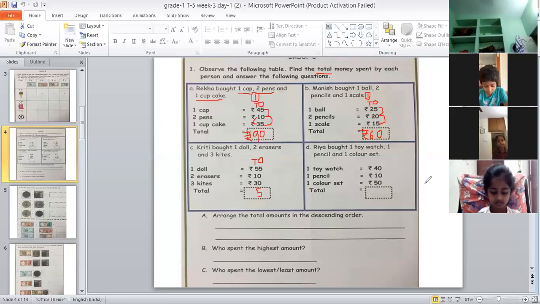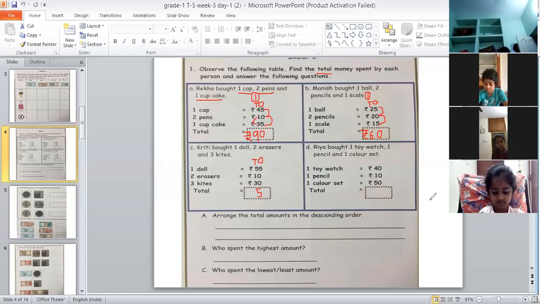Dhruti, what are the numbers in tens place? In the third question, what are the numbers in tens place? I have clearly written there T and that T stands for tens. 5, 1 and 3.